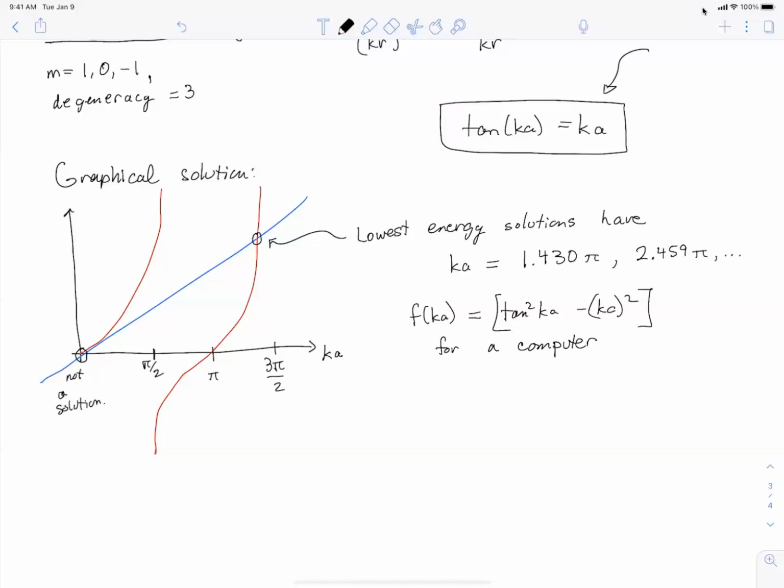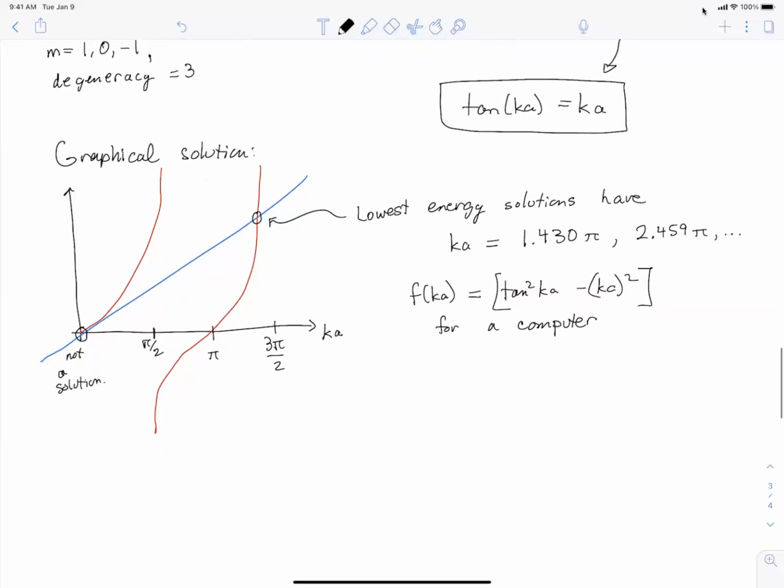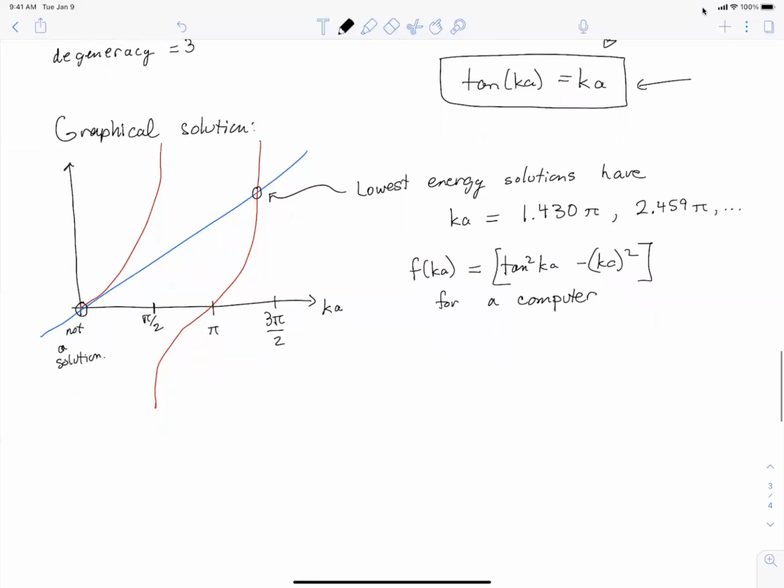And a lot of computer algebra systems will actually have these things built into them, where you can ask for a numerical solution to a transcendental equation like this, and it will think for a while and give you back these answers. But then once you have the ka's, then you know the energies.